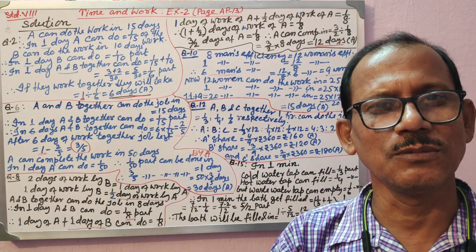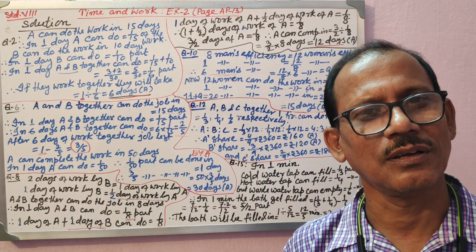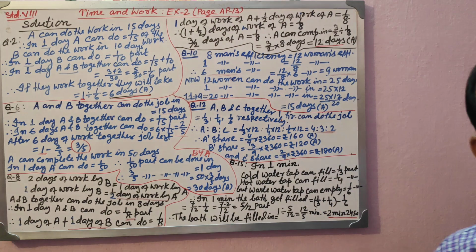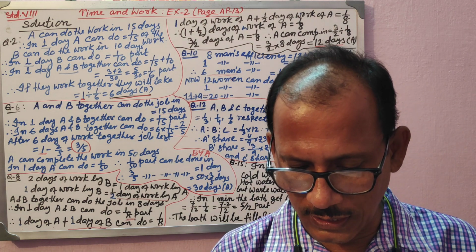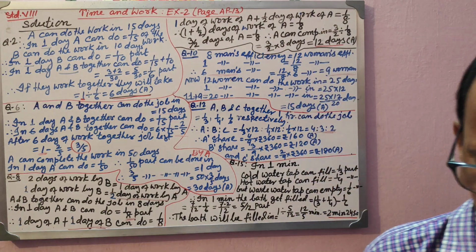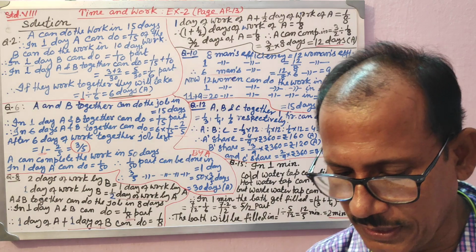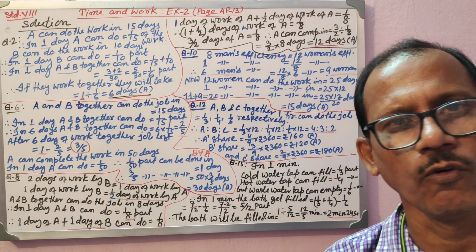If the filling rate is more, then it will fill. If the leaking rate is more, then it will leak out. How much time will it take to empty? That can be the other way. It is said a cold water tap can fill a bath, like a water tank, in 3 minutes, and the hot water tap can fill it in 4 minutes.